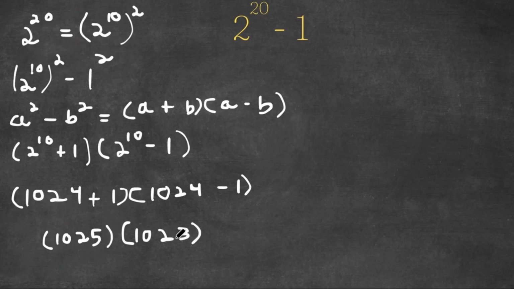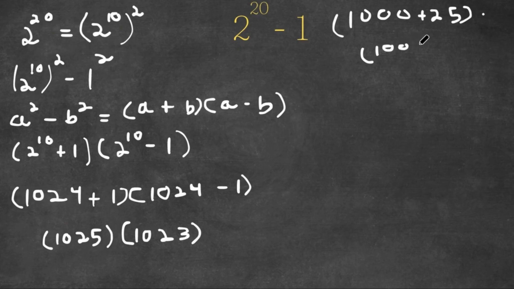Now I'm going to rewrite both of these numbers. I'm going to rewrite 1025 as 1000 plus 25, and I'm going to rewrite 1023 as 1000 plus 23. Now all we have to do is distribute and solve.